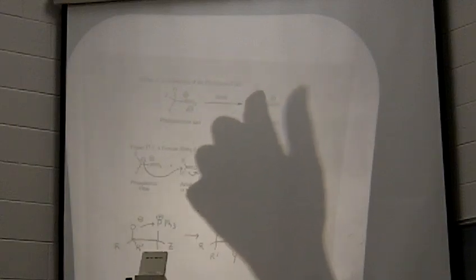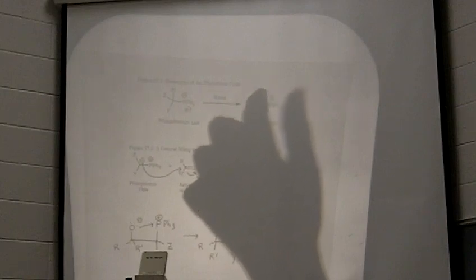All right. Then what can happen is that ylid can go on and react with an aldehyde or a ketone. So that negative carbon can then go on and attack the carbon of a carbonyl, because the distribution here electronically is you've got your electronegative oxygen, your less electronegative carbon.